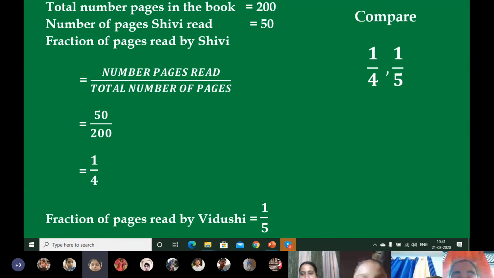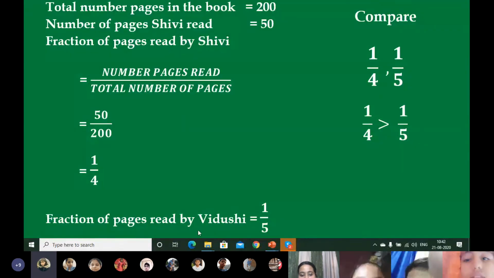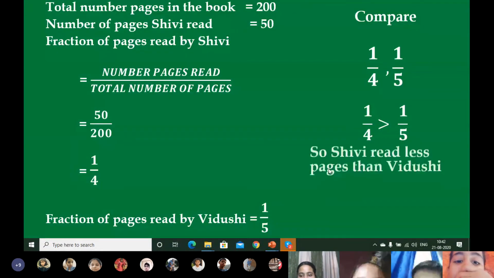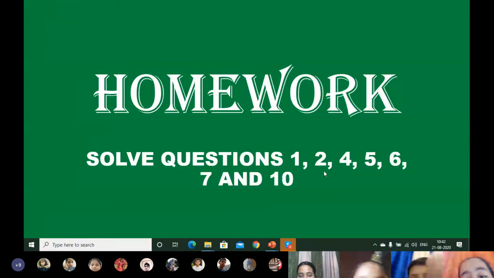So, who read less? Ma'am, Vidushi. Vidushi read fewer pages than Shivi. Understood?